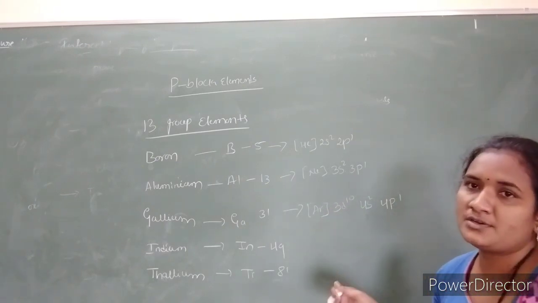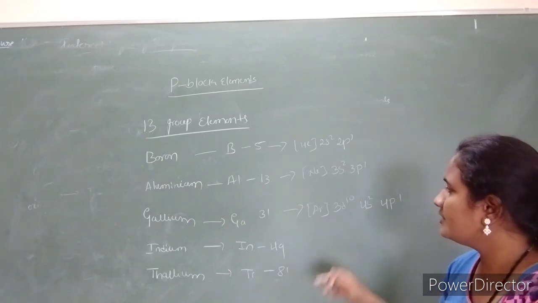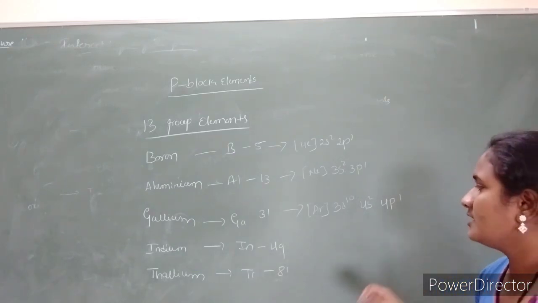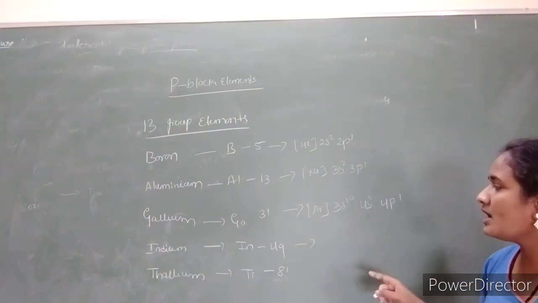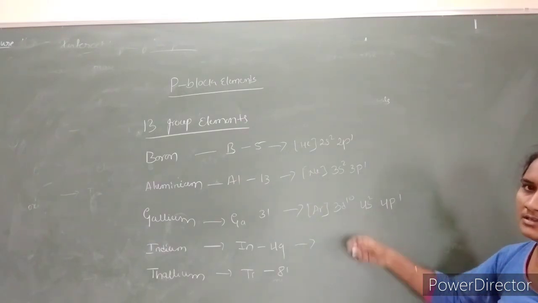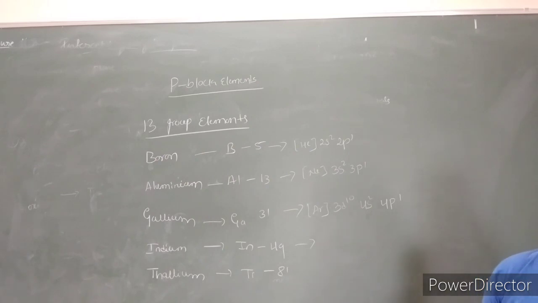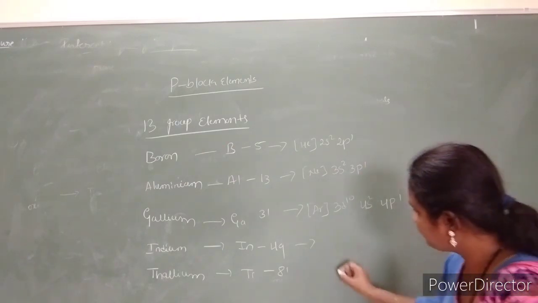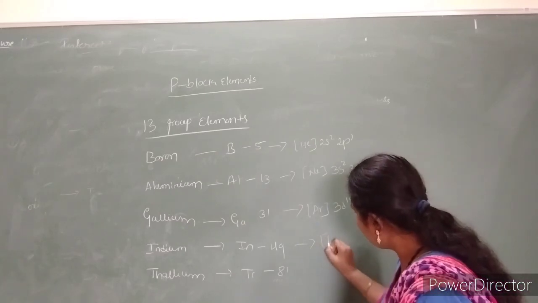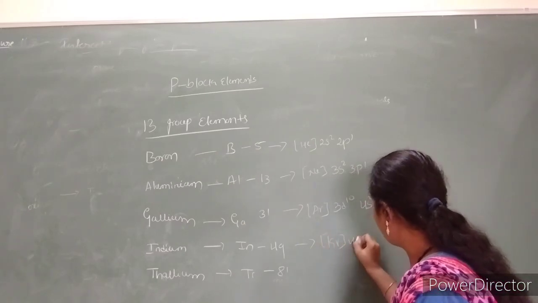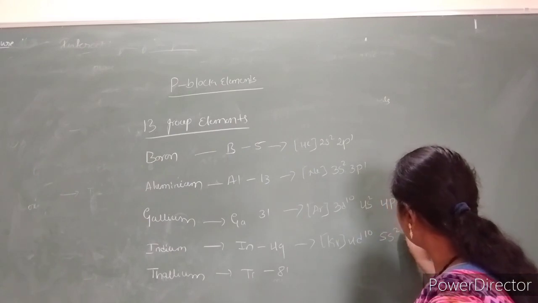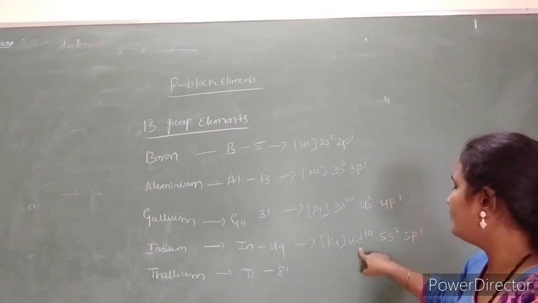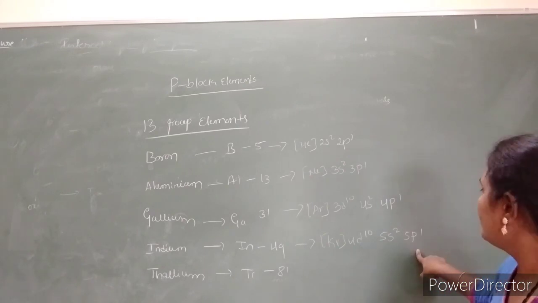So there is a presence of d orbital in the electronic configuration of gallium. Next indium 49. After argon comes krypton, which is 36. So krypton, 4d10 makes 46, next 48, 49. Krypton 4d10, 5s2, 5p1.